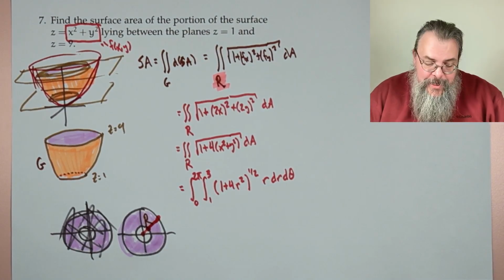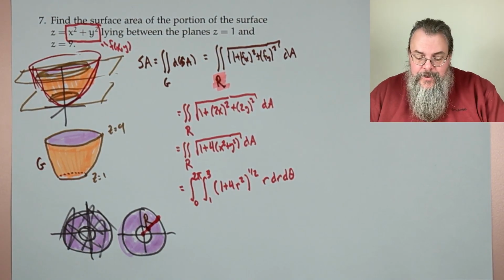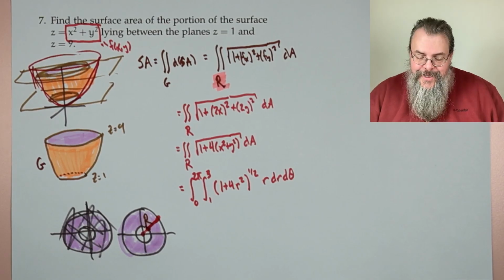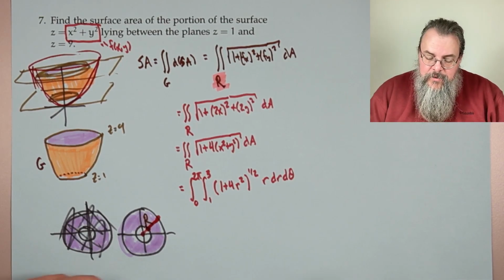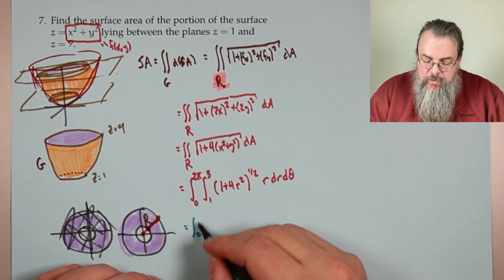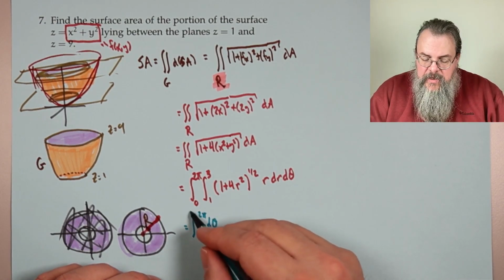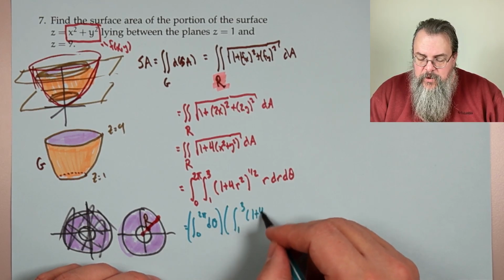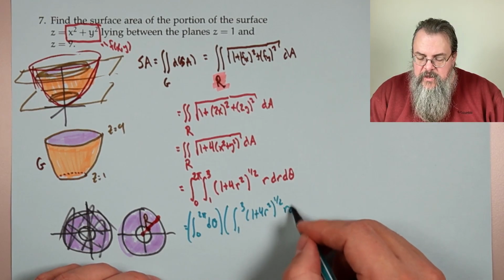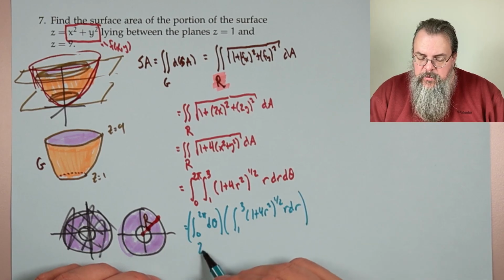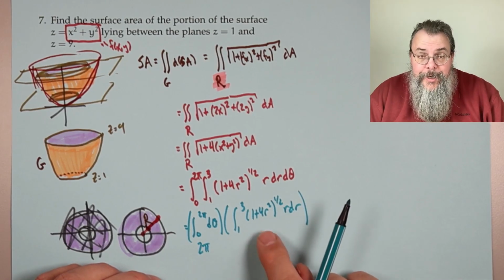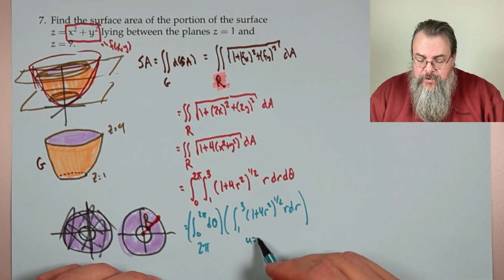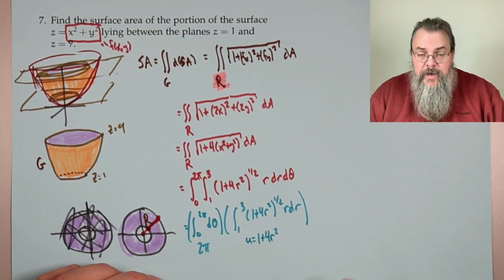Well, now this isn't too bad. At least we've seen worse. So what can we do? We can pull apart the integral: 0 to 2 pi d theta, and that one's a freebie. Then the integral from 1 to 3 of 1 plus 4r squared to the 1/2, r dr. So that's 2 pi, like I said, a freebie. For the rest, substitution: u equals 1 plus 4r squared.